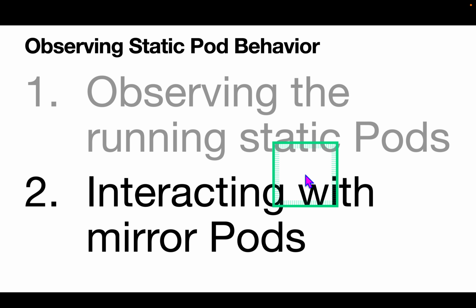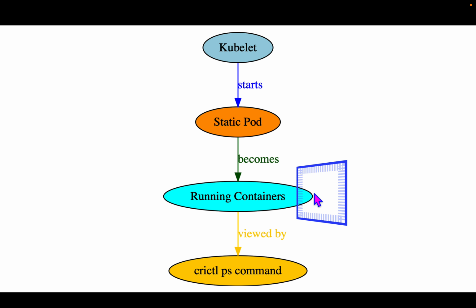Okay, mirror pods on the API server can be viewed using the kubectl get pods command. If an attempt is made to delete the mirror pod from the API server using kubectl, the kubelet does not remove the static pod. So it will have no effect if you try to delete the mirror pod from the API server.